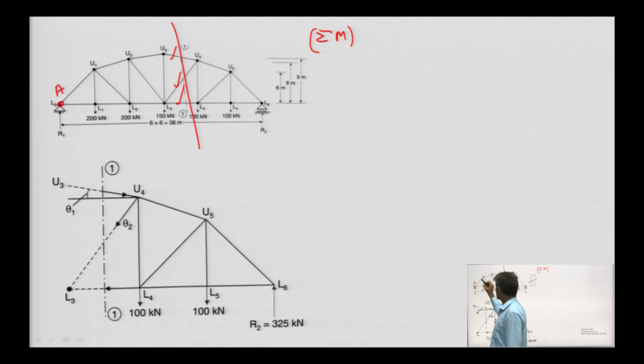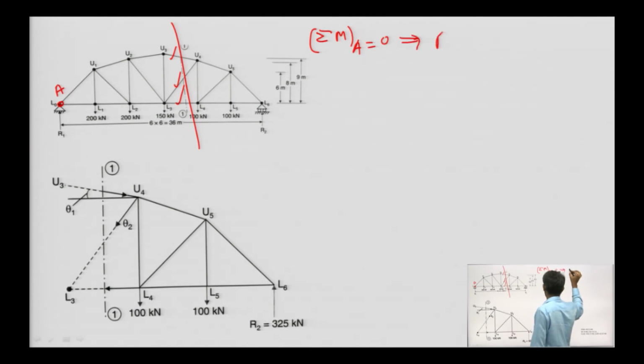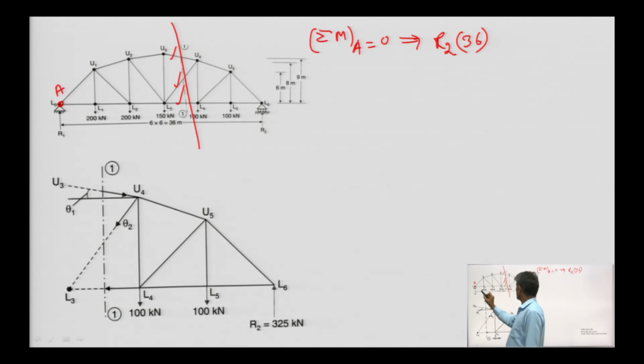Suppose this point is A, sigma M_A equal to 0, then we will have R 2 into total distance, which is 36, and the perpendicular is 200. This one is clockwise, this one is anti-clockwise, and the moment of all other forces is clockwise.